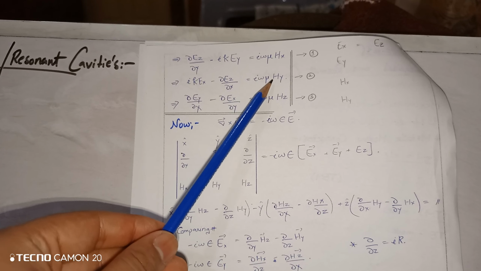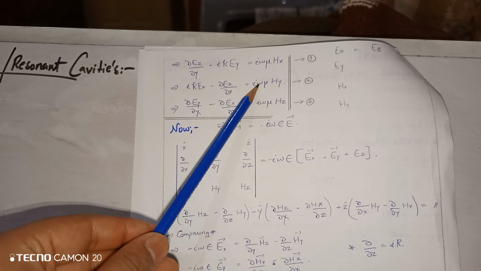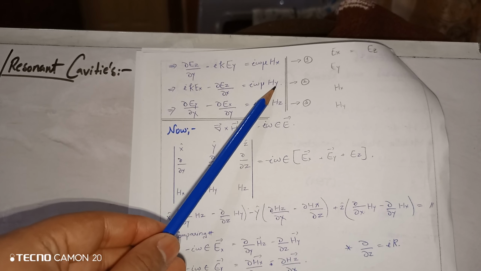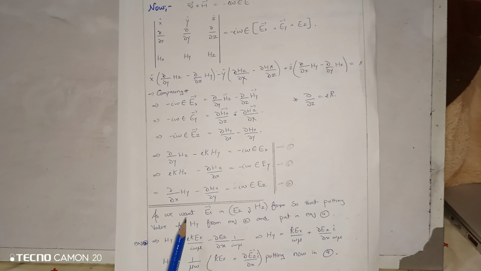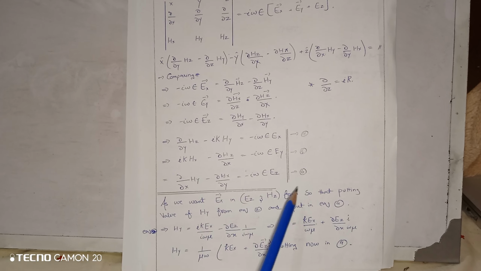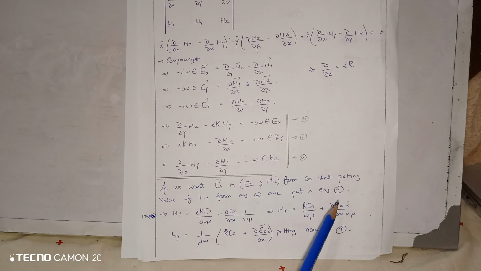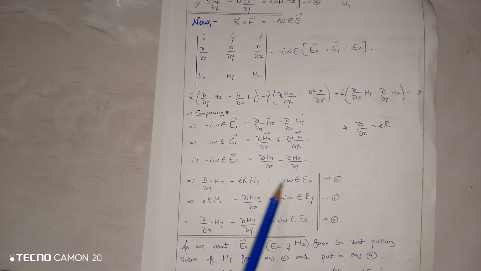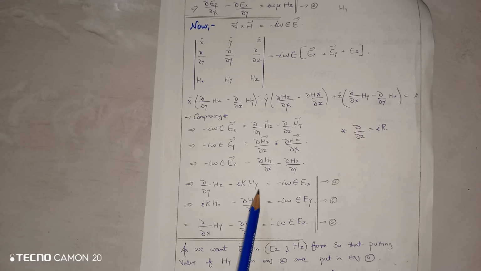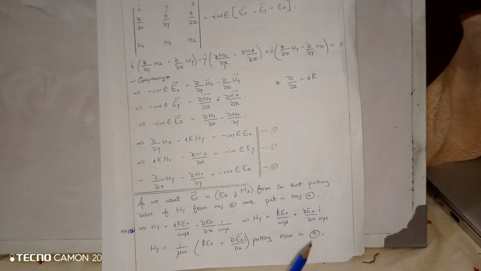You can easily find Hy by moving iota omega mu to the other side. After finding the value of Hy from equation 2, put that value in equation number 4. This is your equation number 4. Here you have to put the value of Hy.